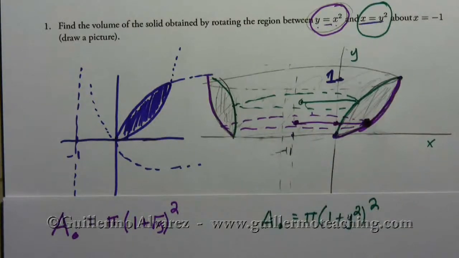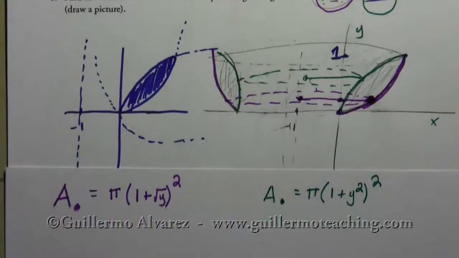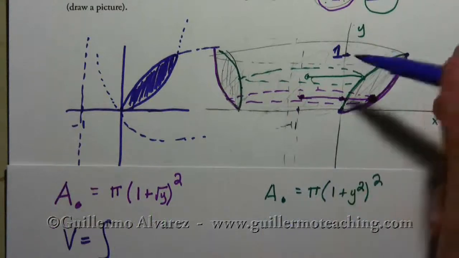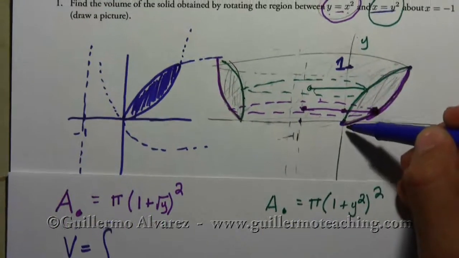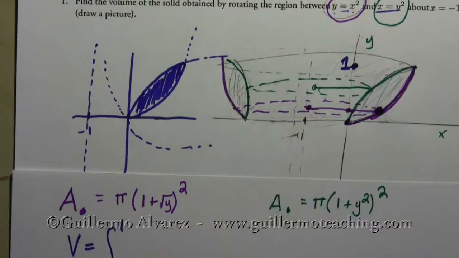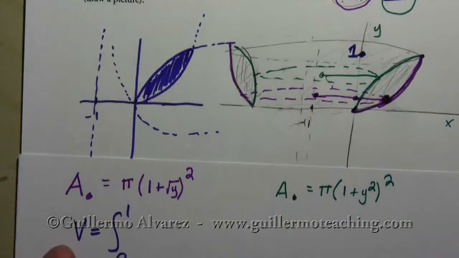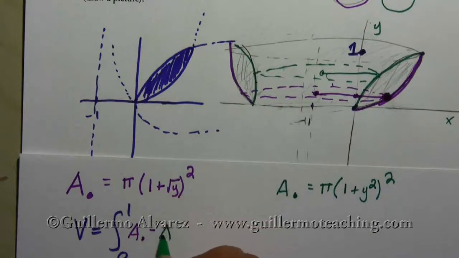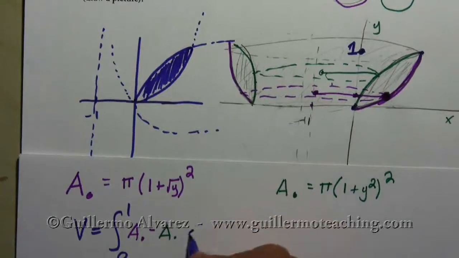Okay, so now I can set up my integral. Since I'm integrating with respect to y, I'm going to go from 0 to the very top, which is 1, of the purple cross section minus the green, with respect to y.